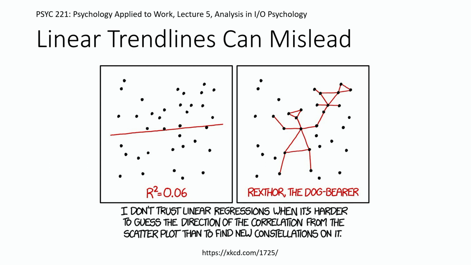And XKCD is basically saying it doesn't trust these things when it's harder to guess. So take that red trend line out of there and look at that scatter plot. I mean, would you draw it that way? If that was flat or turned the other way, would you say just as good a chance that might have been true? So the joke is that when it's harder to guess the direction than it would be to just figure out what constellations you could draw, maybe we shouldn't trust that.